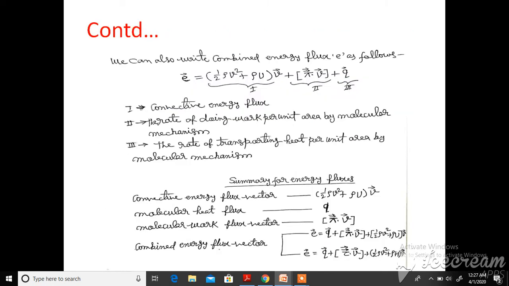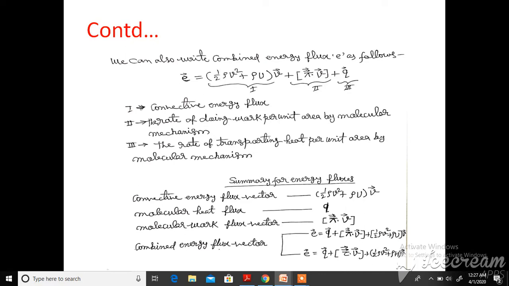Next, here we are writing a combined energy flux, which is shown by e. The combined energy flux equals (1/2 ρv² + ρU) v plus [π · v] plus q. The first term indicates the convective energy flux, the second indicates the work done per unit area by molecular mechanism, and the third is the rate of heat transfer per unit area by molecular mechanism.